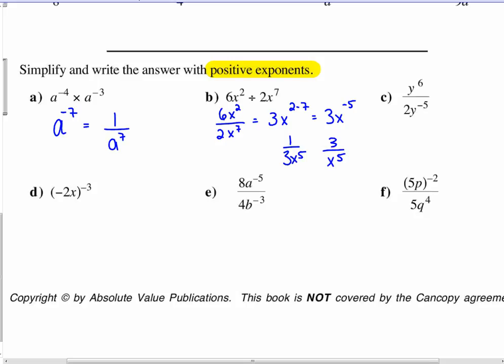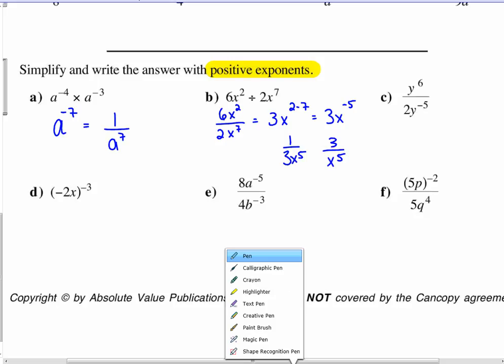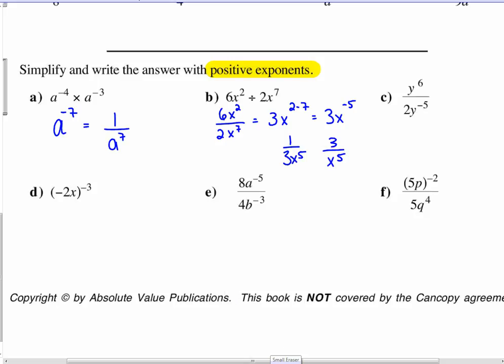The negative exponent, who is it being applied to? Is it being applied to both of them or just the x? Just the x, meaning only the x is going to move. So which one's correct? The second one. So the answer would be 3 divided by x to the power 5.